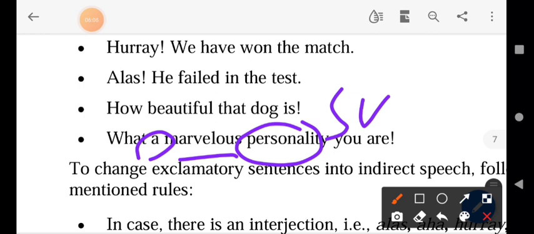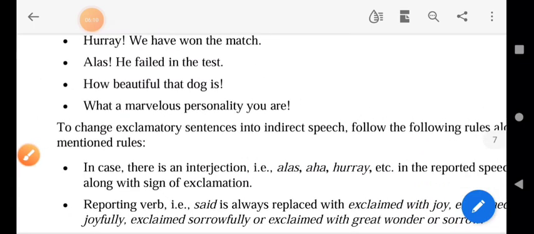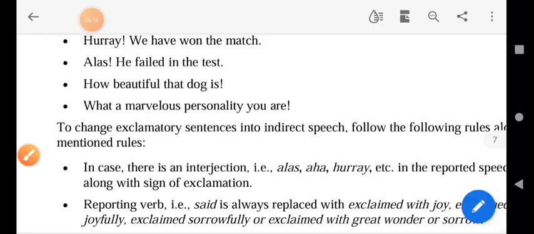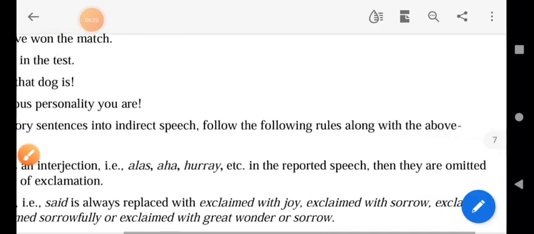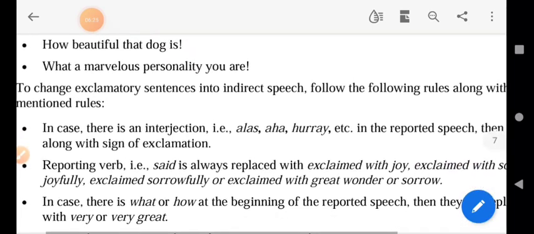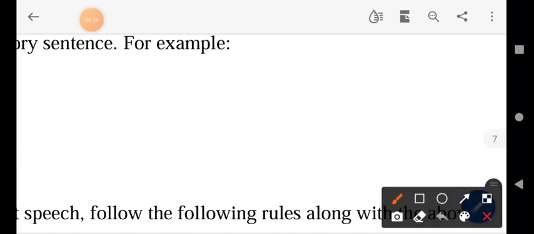Here the topic is how to change exclamatory sentences into indirect speech, following the rules along with the above mentioned rules. We will discuss the rules next. First of all, the exclamatory sentences start with some interjection words.